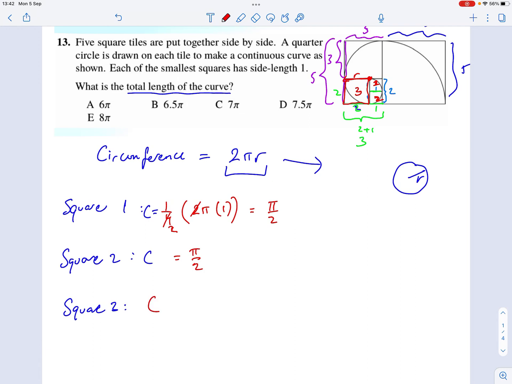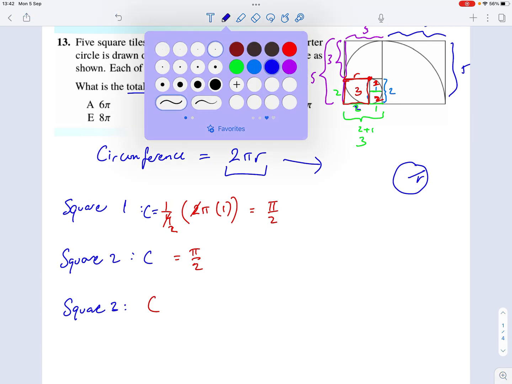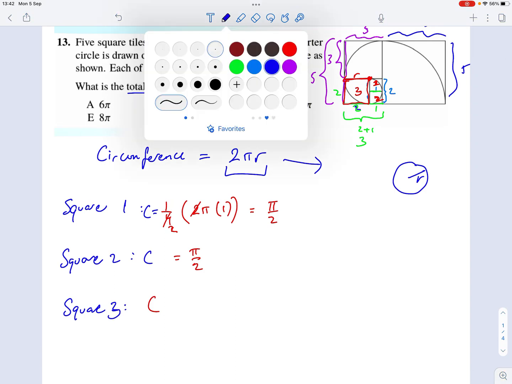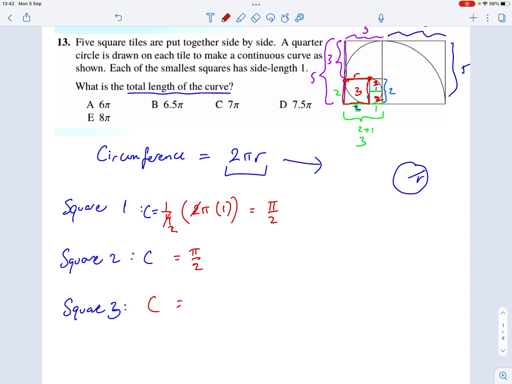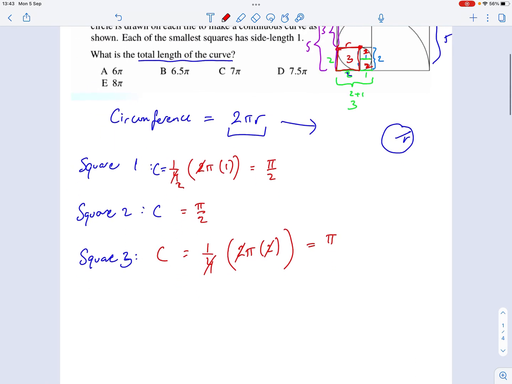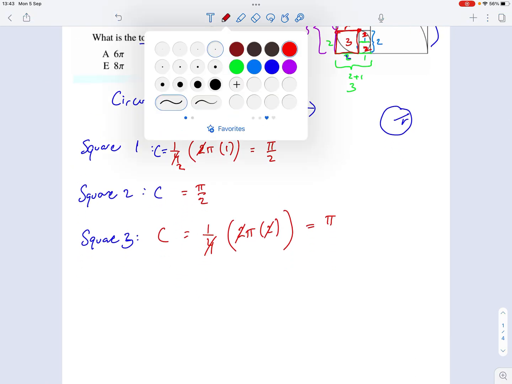Okay, so in that case, the square 3 has a circumference of, again, it's a quarter of a circle, we have to take quarter, 2 times pi times r, and the radius in that case is 2. So this is 2 times 2, 4, and then 4 divided by 4 is 1, so you're left with pi.